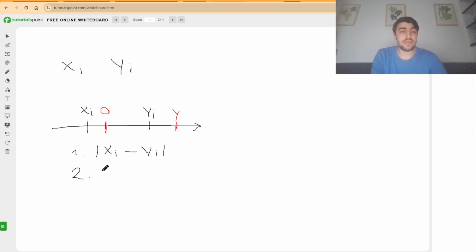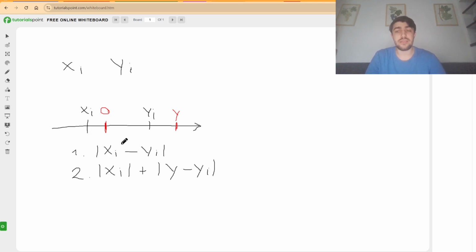The formula will basically be the distance between xi and 0, which is just the absolute value of xi, plus the absolute value of the difference between yi and y. So basically, we will have two terms in our formula, and for each of these pairs of points we are given, we need to decide which option is better.